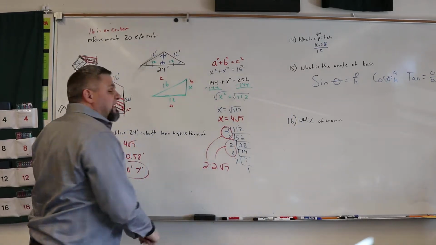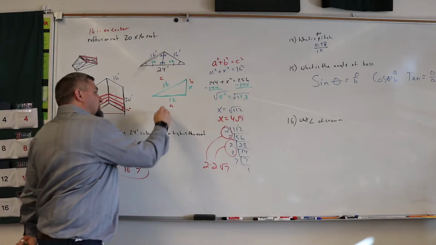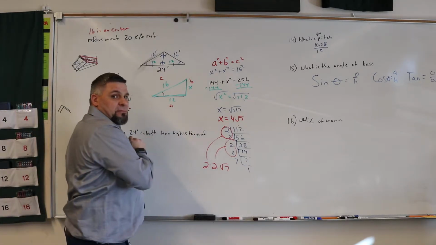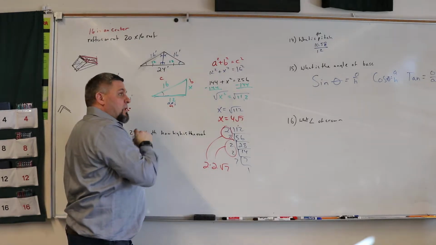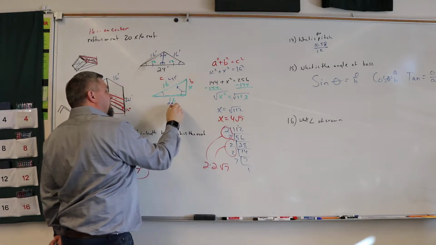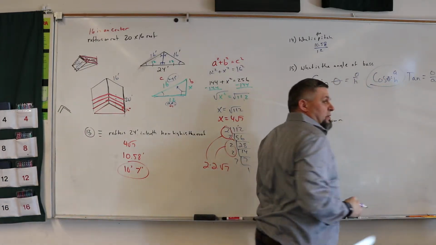Now we have two really nice numbers, 16 and 12. And when we're talking about this angle, this is adjacent. This is the hypotenuse. So we have adjacent and hypotenuse, so we're going to use cosine.